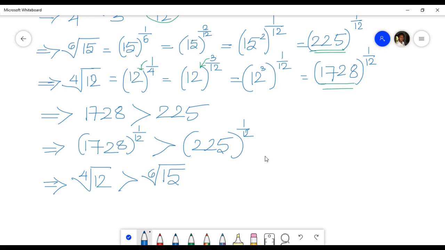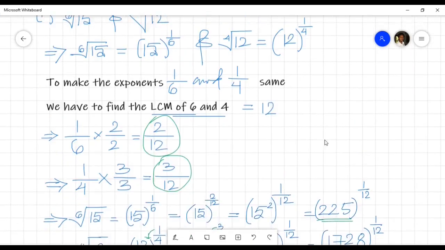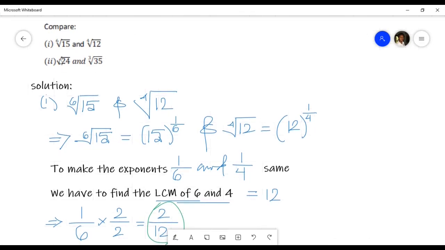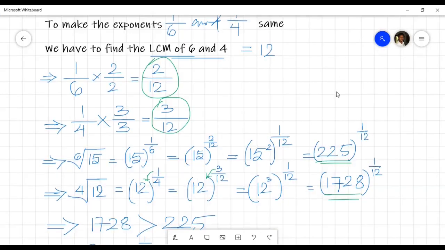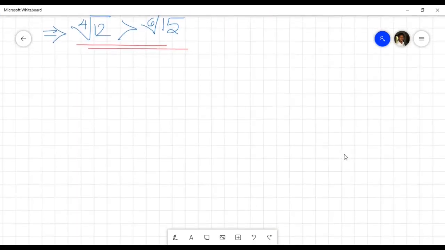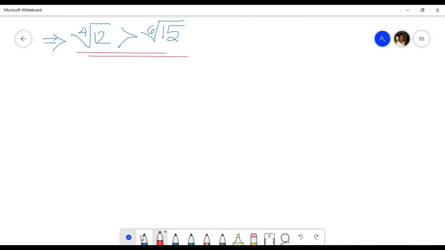Okay, it just needs some time to solve this problem and to understand it. You can just go back and see this explanation once again. Okay, now let me help you understand the second problem. The second question will also be comparing two terms. Let me write it down for you.